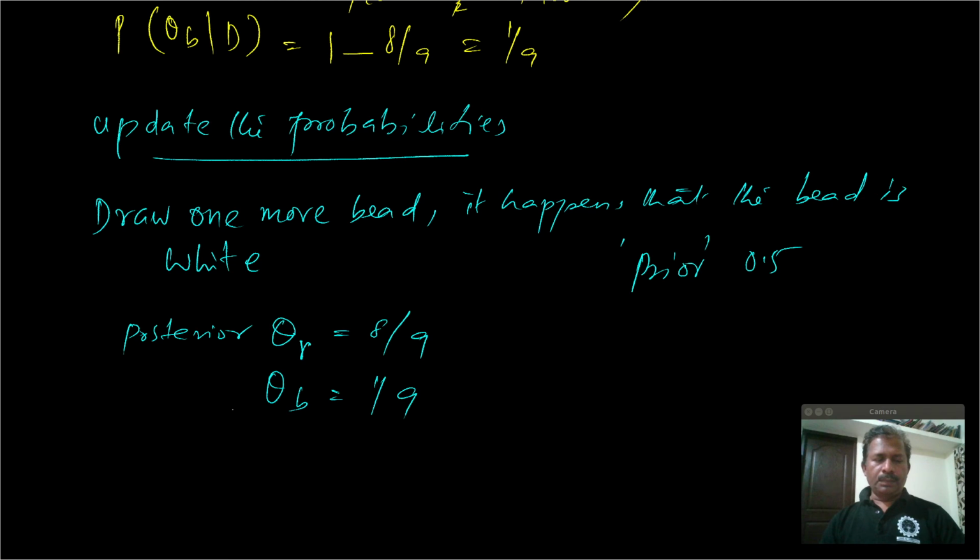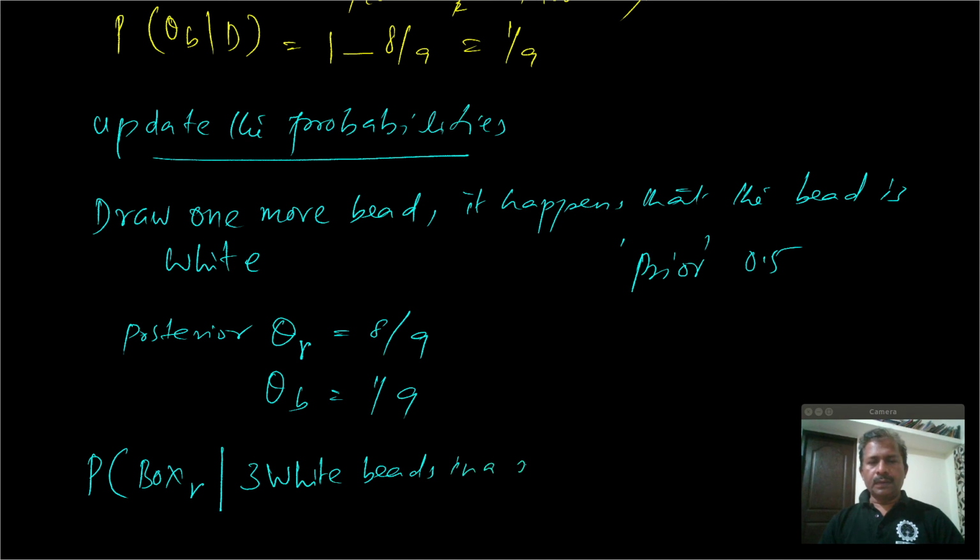So you can compute the probability associated with, let's say, box red, given 3 white beads in a row, followed by a fourth one.